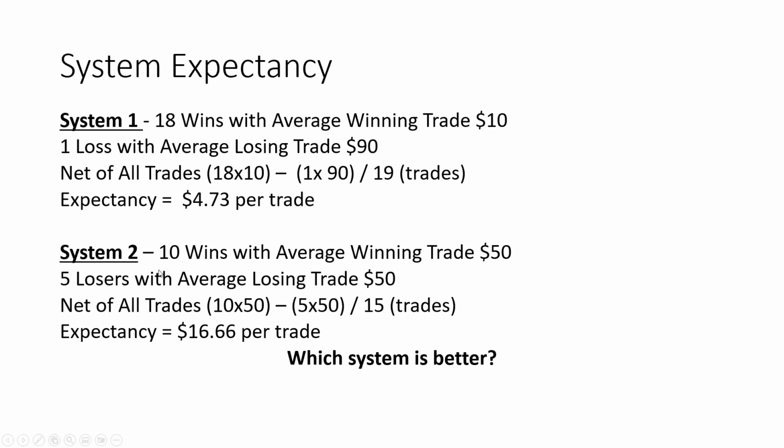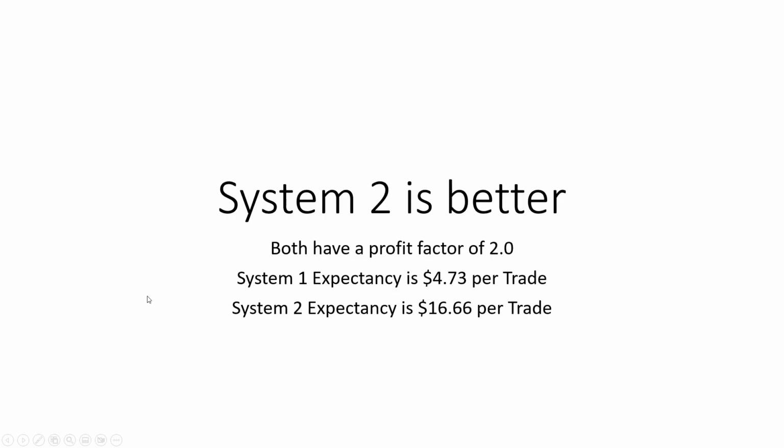Again, now system number 2, same thing. We do this math here: 10 wins with an average winning trade of $50, 5 losers with an average losing trade of $50, and then again, net of all trades divided by the total number of trades. We have an expectancy of $16.66 per trade. So now, which system is better? We'd all clearly say that system 2 is better.